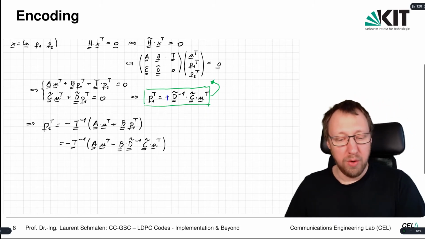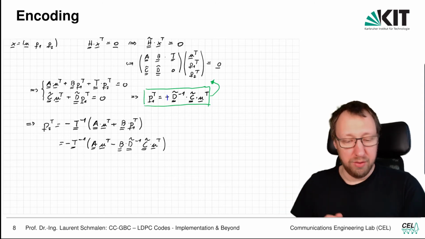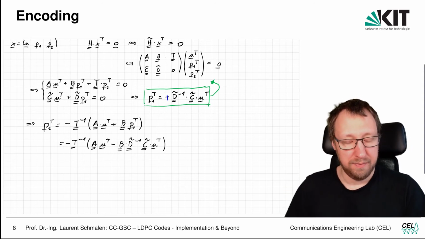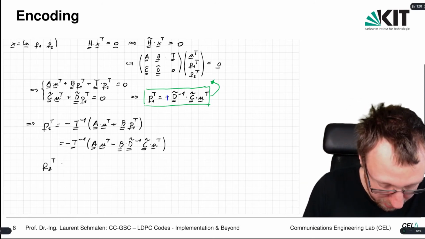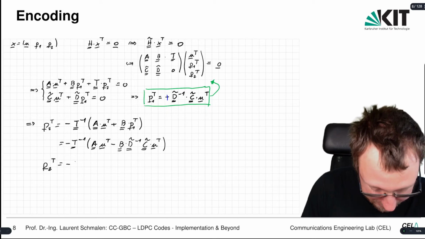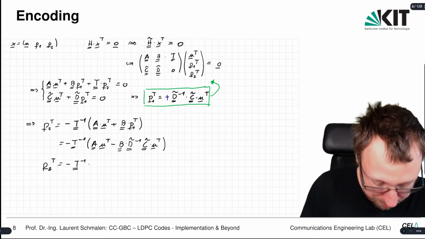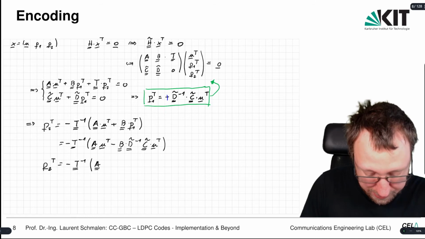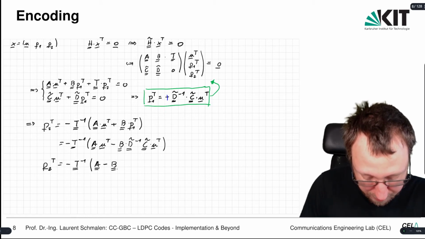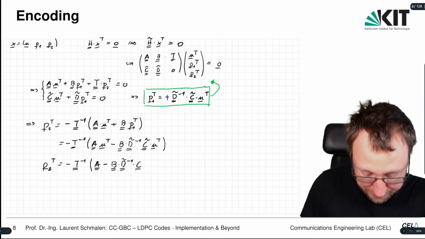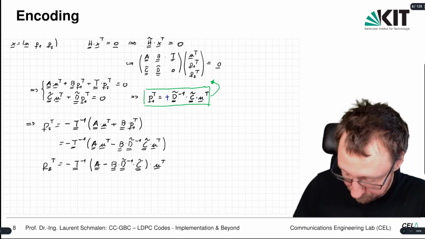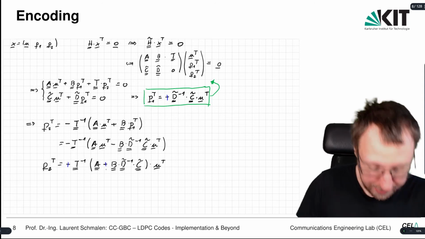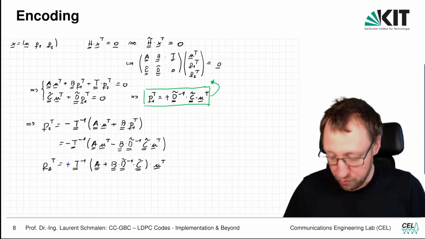And what I can do now is I can just factor out the U transposed. So that means that P2 transposed is equal to minus T inverse times A minus B times D tilde inverse times C tilde times U transposed. And again, I can transform all the minus signs into plus signs.